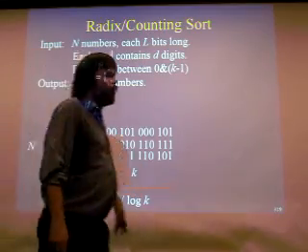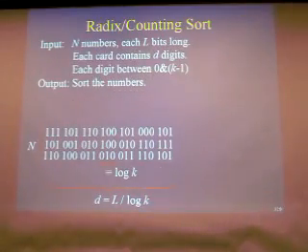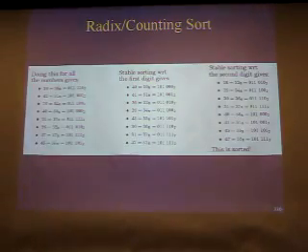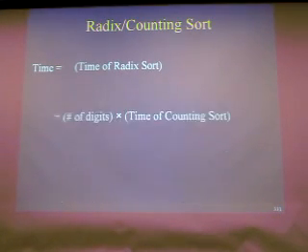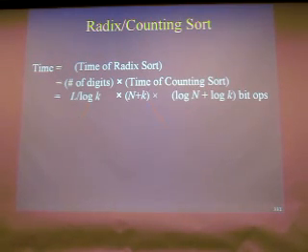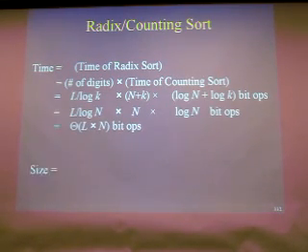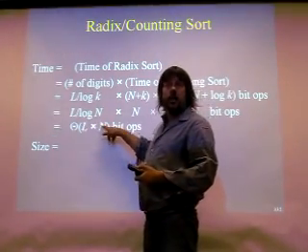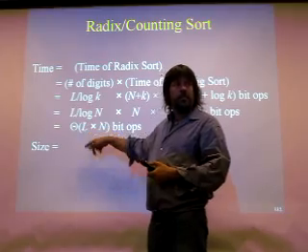We don't need to go through the details. This is just what I said about the running time. It's an example that's in the book. But if you work out the running time, it comes out to L times N. You have N numbers, each with L bits.